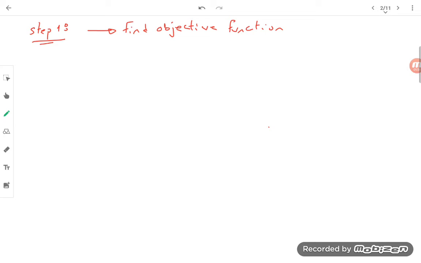So this function describes the choice variables, which are the independent variables.